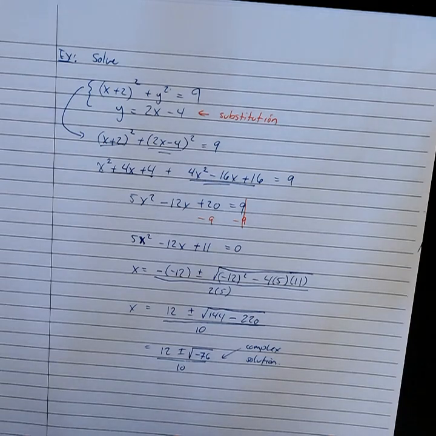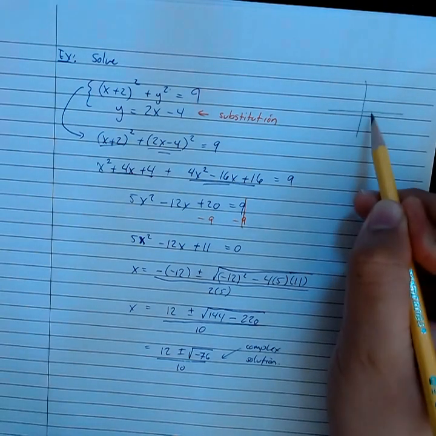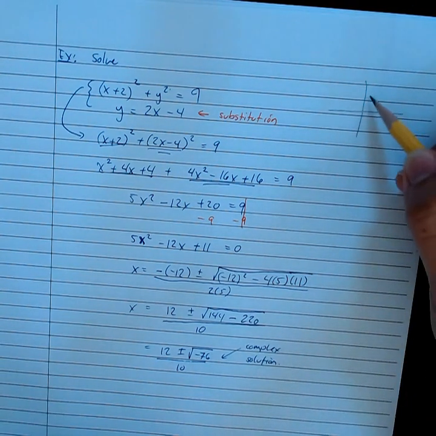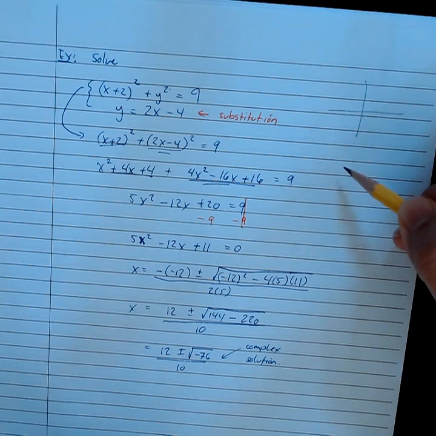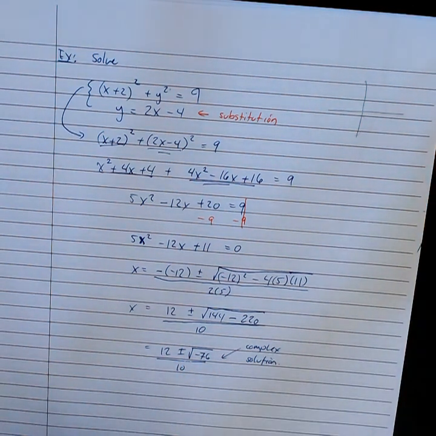But remember, whenever we graph a function of two variables, x and y, we're graphing on the xy plane. And the xy plane has a place for you to put positive x values, and it has a place for you to put negative x values. And it has a place for you to put positive y values, and it has a place for you to put negative y values. But it doesn't have anywhere to put imaginary x values.